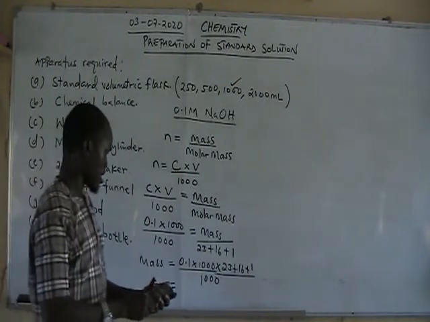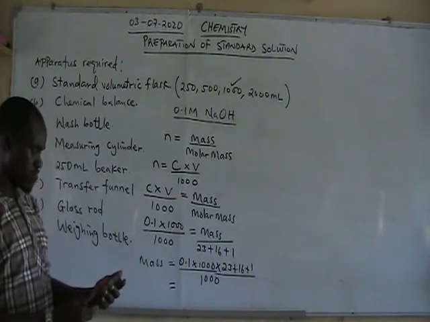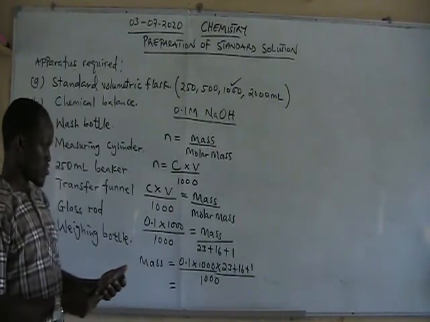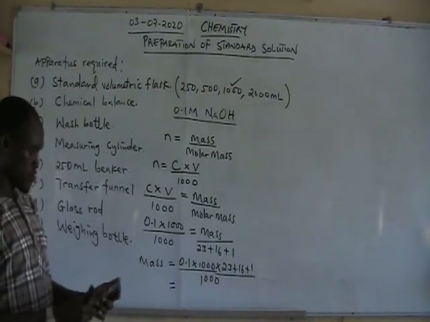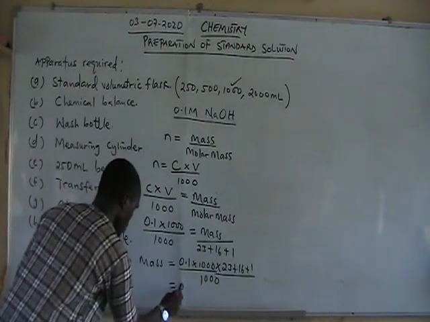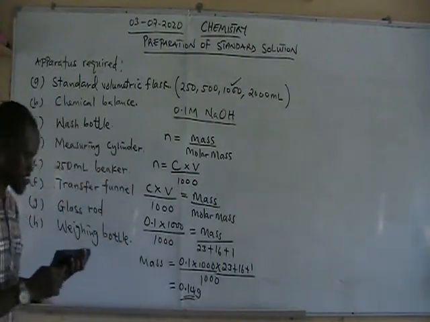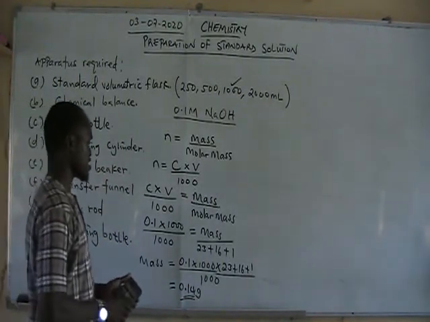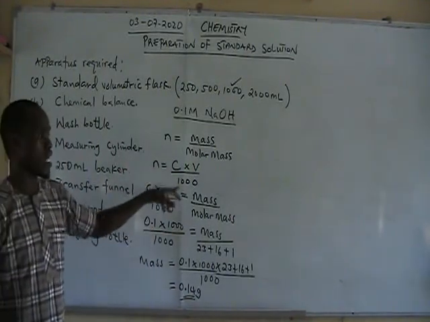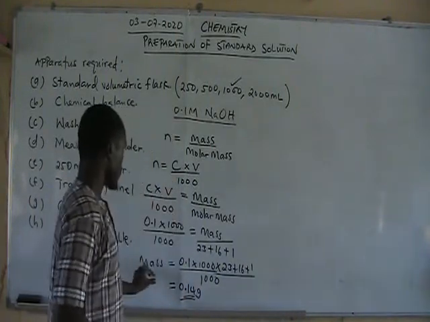So in that case, 23 plus 17 will give you 40, times 100, which is 4000... 140 divided by 1000 will give us 0.14. So we have 0.14 grams. This is the mass of sodium hydroxide pellet that you are going to measure to prepare 0.1 molar of this particular solution.